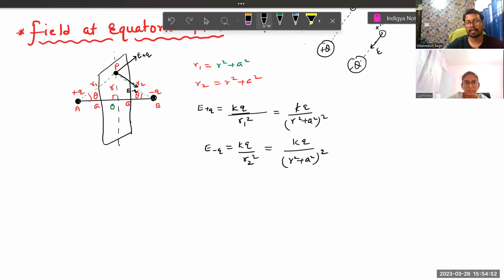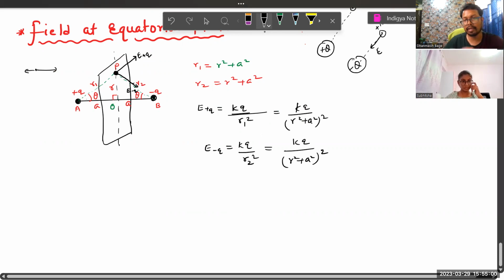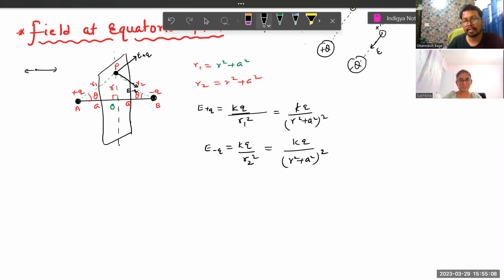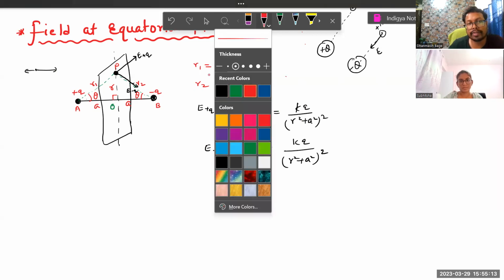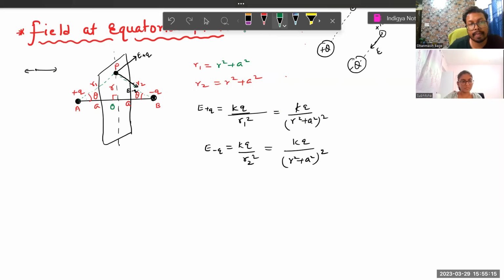Now just see that in this case, they are not aligned. In the previous case, they were both along the same line. That's why plus minus could take care of these things. But here you have to use the vector laws. We will resolve this vector along two directions. For E plus Q, if I draw a line parallel to this thing and drop a line perpendicular to this thing, this will be equal to what?